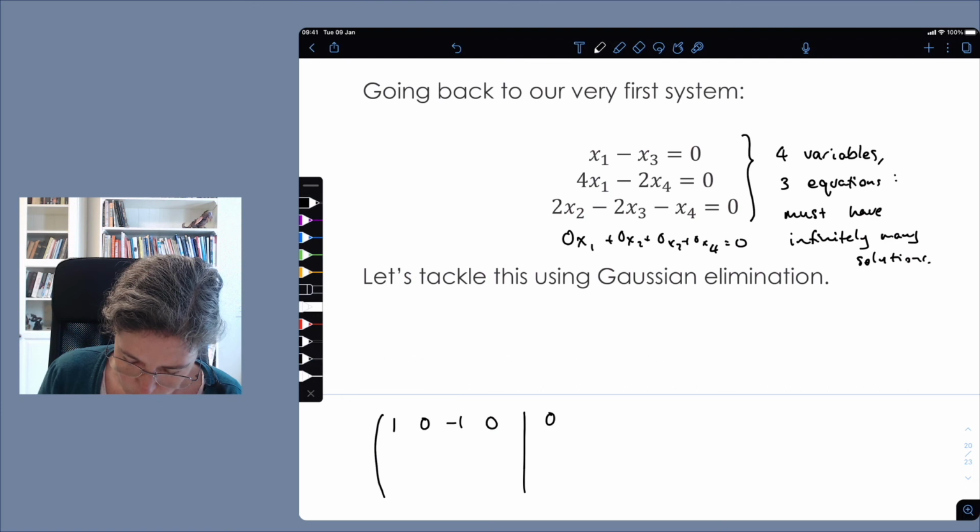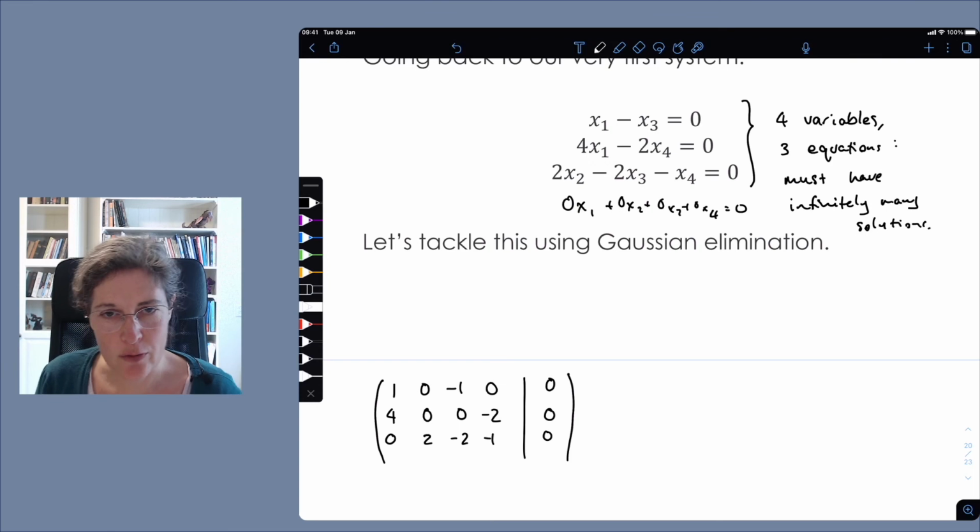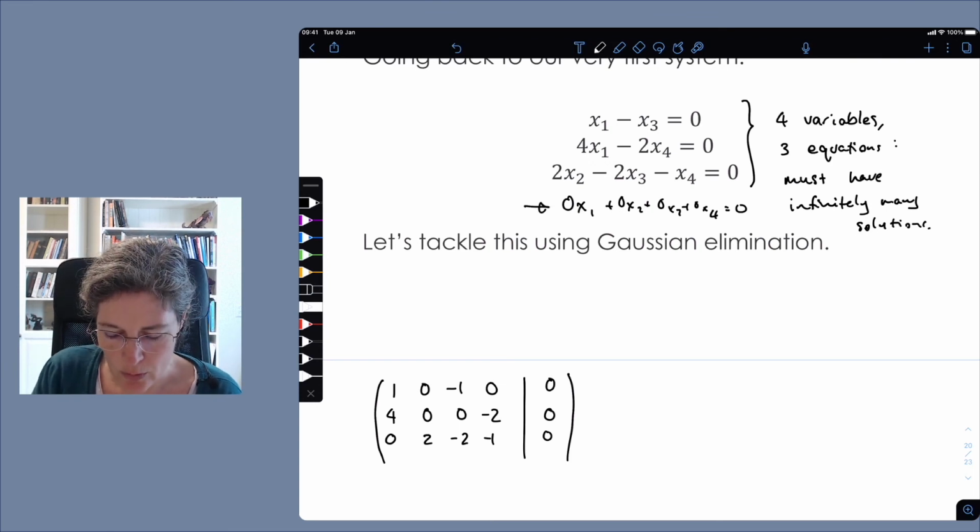And now I've got a 4 and a 0 and a 0 and a -2 and a 0. And I've got a 2, whoops, no I don't. I don't have any x1s in that equation. I have a 2, a -2, a -1 and a 0. And then I have my imaginary equation for the 4th equation, which we can put in, which is all zeros here, if you like.